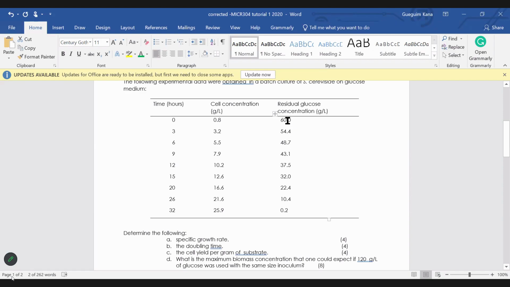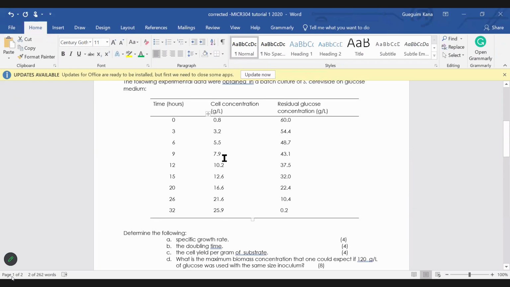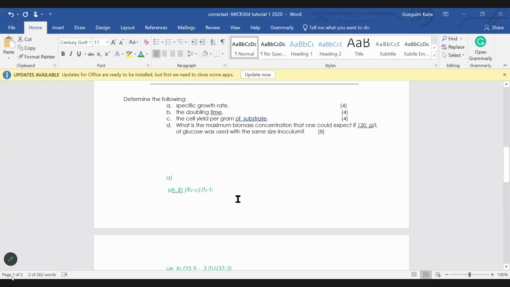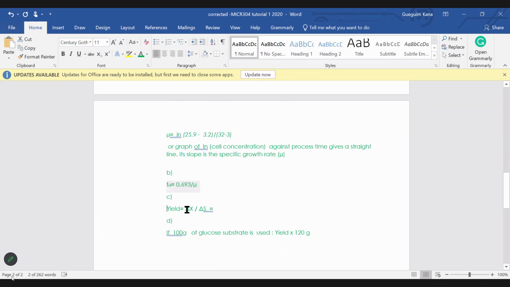They start from 60 grams of glucose and use it down to 0.2. When you take the difference of the biomass produced, the cell concentration, divided by the glucose used, it will give you your yield. Thus, by applying this formula, you're going to obtain the yield.